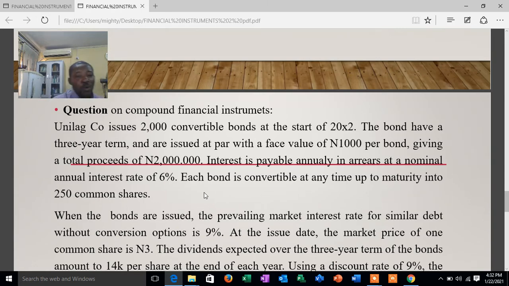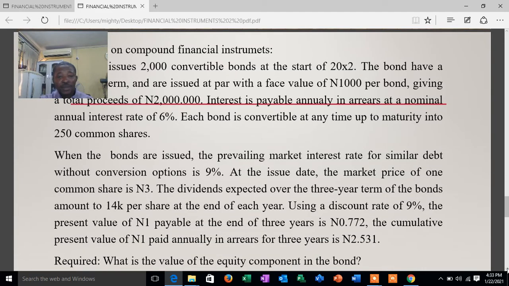They say Unilag Co. issues 2,000 convertible bonds at the start of 2002. The bonds have a 3-year term and are issued at par with a face value of 1,000 naira per bond, giving a total proceeds of 2 million. Interest is payable annually in arrears at a nominal interest rate of 6%. Each bond is convertible at any time up to maturity into 250 common shares.